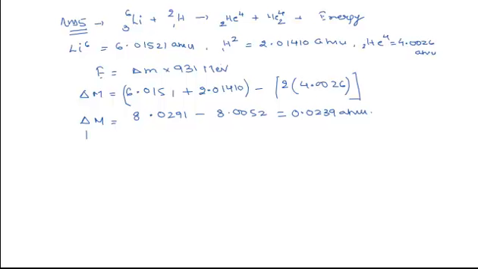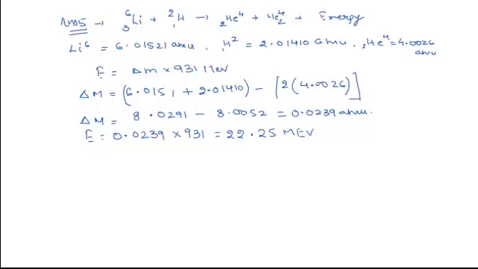How will you find out the energy now? The energy will be equal to 0.0239 multiplied by 931. So how much we are going to get here? It is 0.0239 multiplied by 931. So we are getting 22.25 mega electron volts.